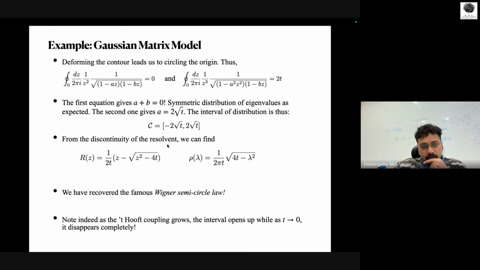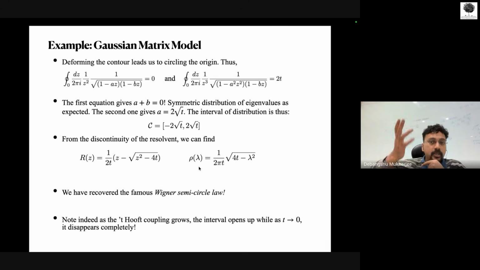From the discontinuity of the resolvent, you can also calculate the density in which your eigenvalues are distributed. And this object that you see here, square root of 4t minus lambda squared, is precisely what is known as the very famous Wigner semicircle law, which is effectively the statement that if you give me a random matrix, and in the large N limit I try to plot the distribution of its eigenvalues, it will become a semicircle.